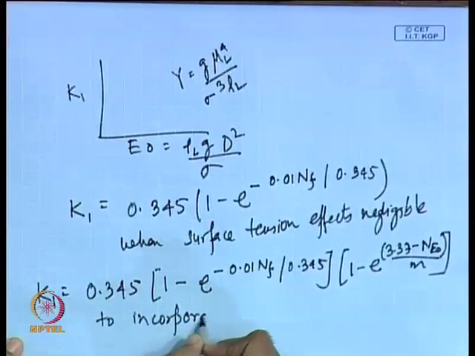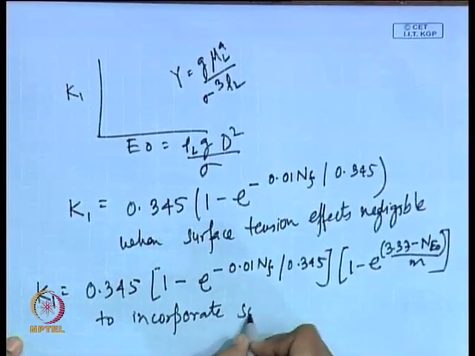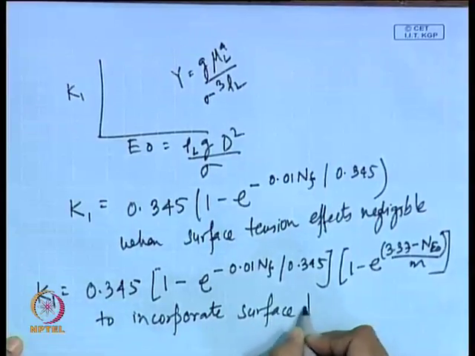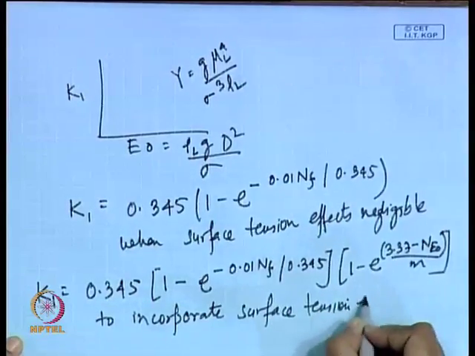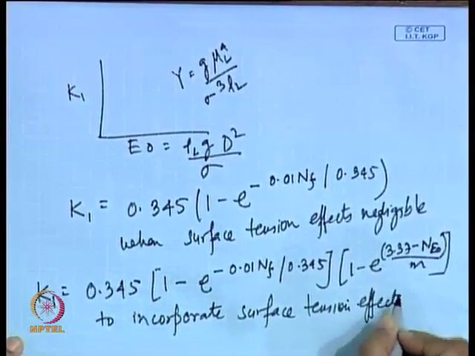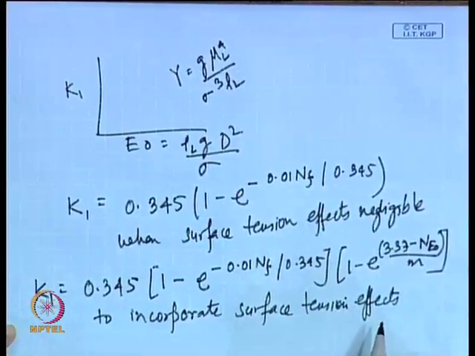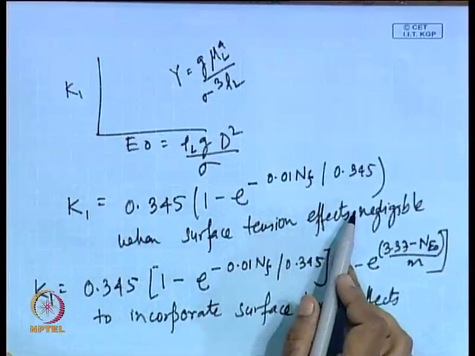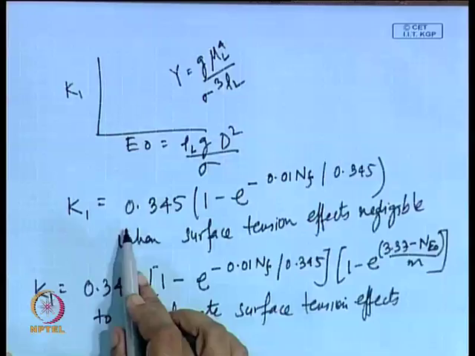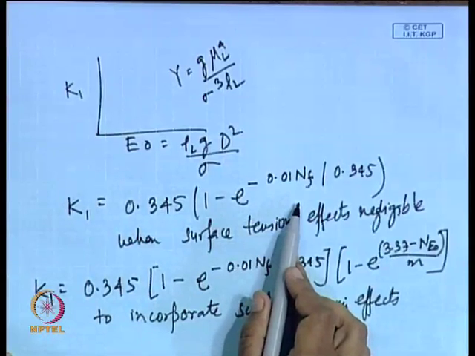So, the entire set of the curves which I have plotted in the transparencies and shown you, a single analytical expression to merge all the curves is this particular expression. Usually when surface tension effects are negligible, we can use this simplified expression, when inertia and viscous forces are important.